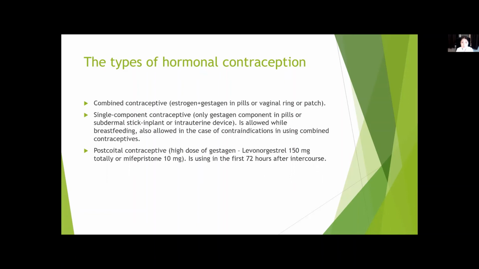It is suggested to be used during 24 hours after intercourse, because the effect is higher, 98.5%, if it is used during 24 hours after intercourse, more likely than later.